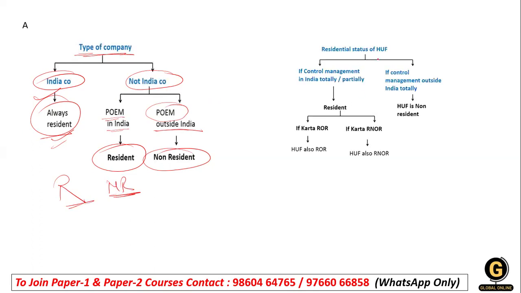After that, let's understand another thing, the residential status of an HUF. There may be confusion, so let's understand it. If the control and management is in India totally or partially, that is, if the HUF, the Hindu undivided family, is controlled and managed in India totally or partially, it is resident. And the second condition: if it is controlled and managed totally outside India, in that case the HUF is non-resident.